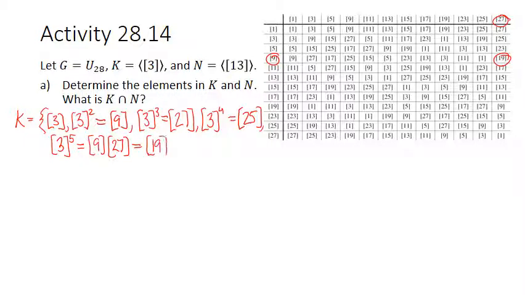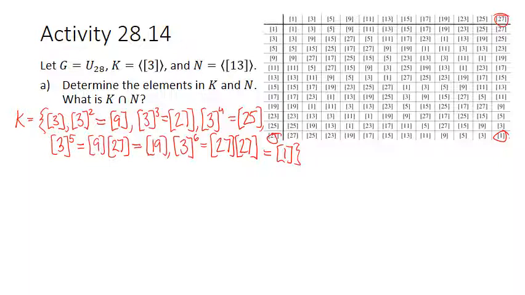Okay. And then let's keep going because we still haven't gotten the identity yet, which is 1 in this case. So 3 to the 6th, that should be 27 times 27. So let's do that in the table here. So 27 times 27 is 1. Okay, so we got the identity, so that is the end of that cyclic subgroup.